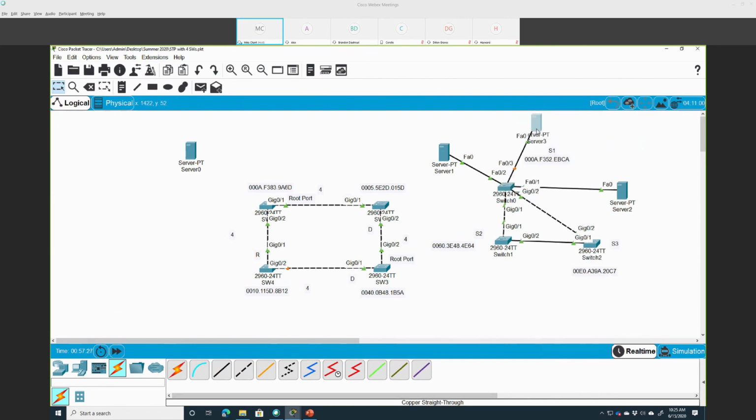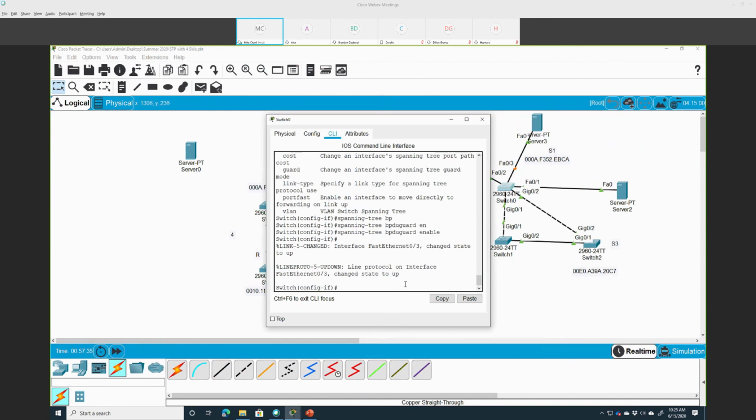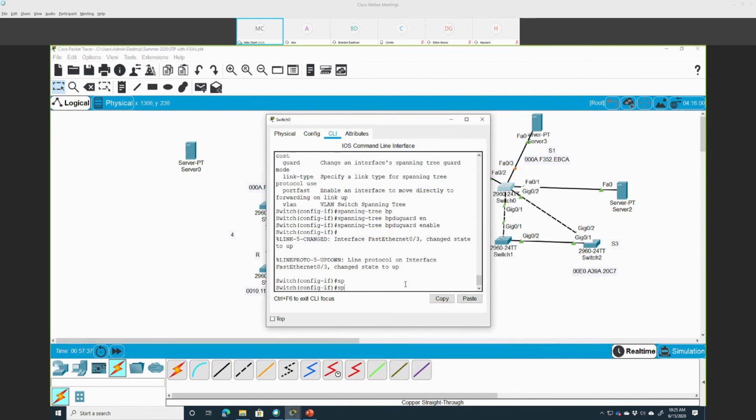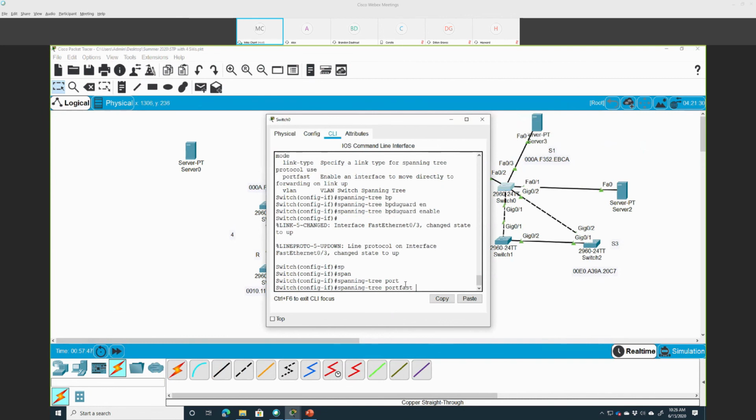So what I can do to expedite it, I can go to the Fast Ethernet 3, and I can say spanning tree port fast enable.